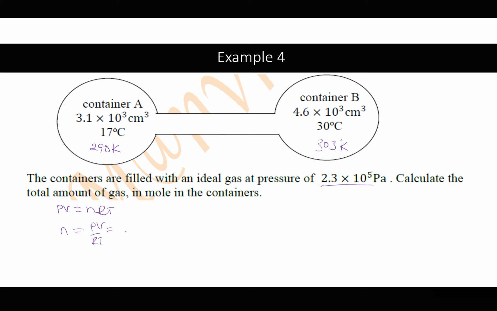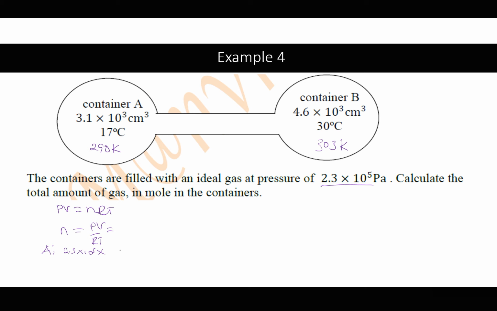I will use container A first. So let me first find A. For container A, the pressure is 2.3 times 10 power 5.